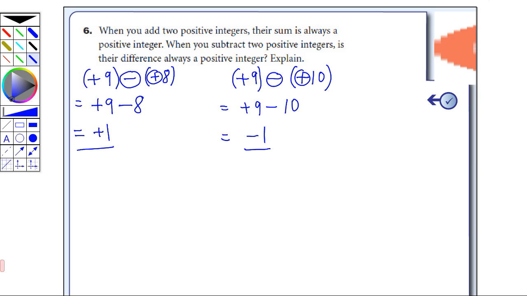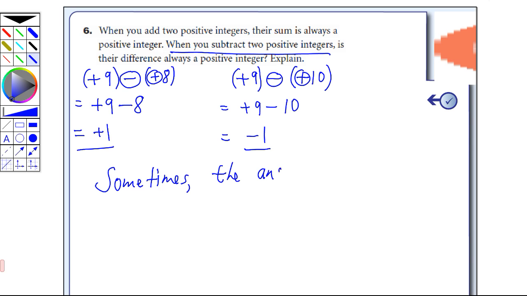So when we subtract two positive integers, sometimes the answer is negative. And when would that situation be?